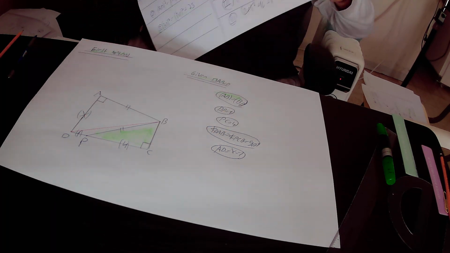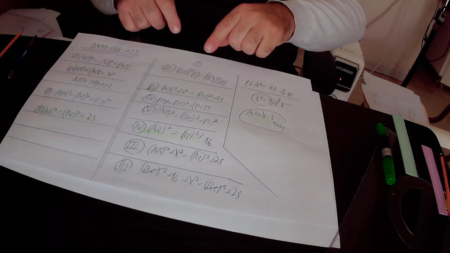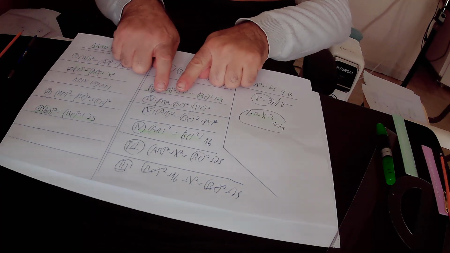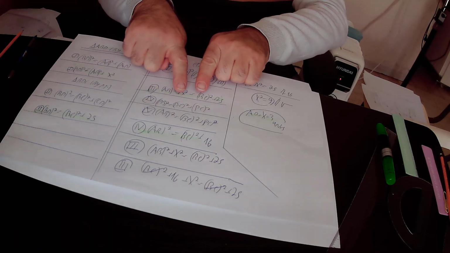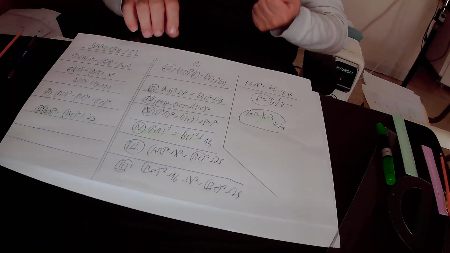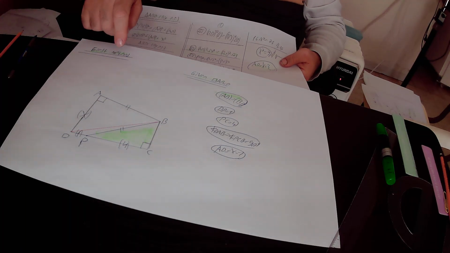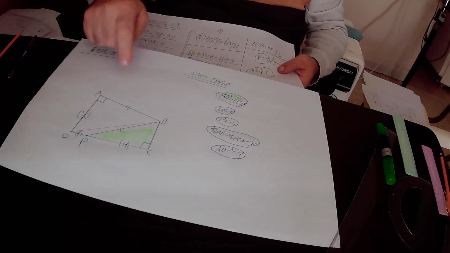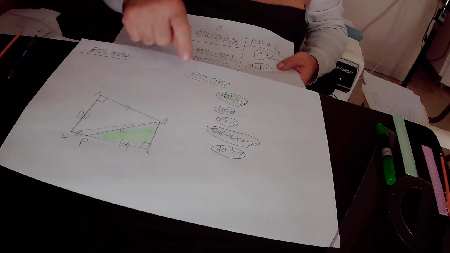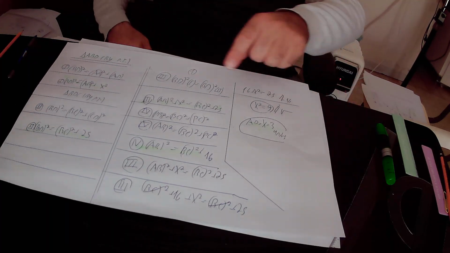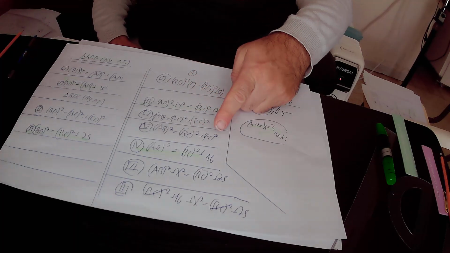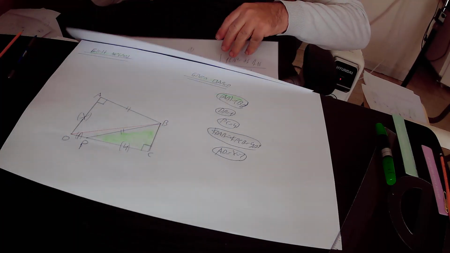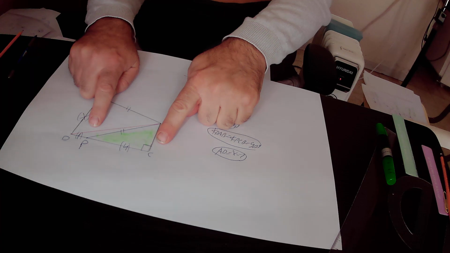So according to equation 4, PB squared equals BC squared plus PC squared. But according to what is given in the question, PB equals AB. So we substitute PB by AB, and AB squared equals BC squared plus PC squared, where PC squared is 16.